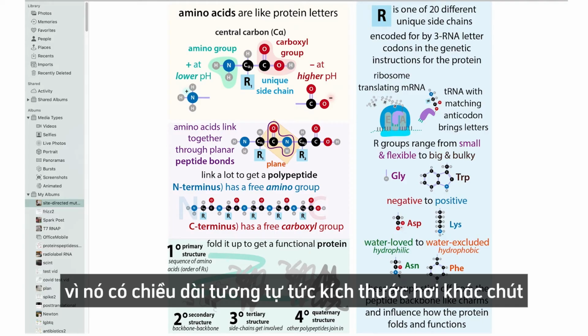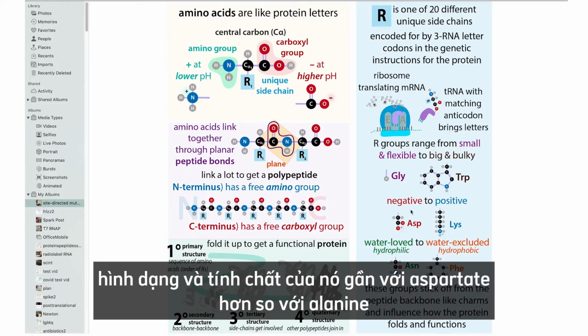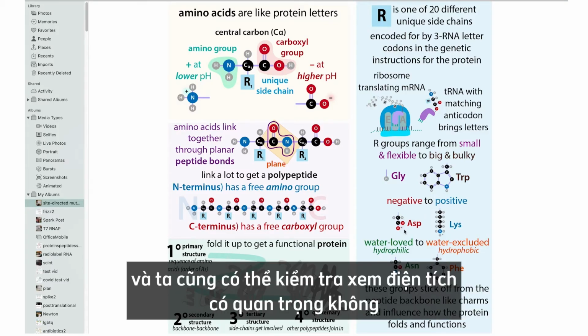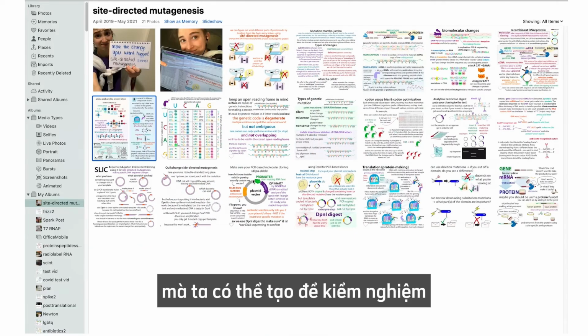It's a slightly different size, but it has this nitrogen here. It's not charged, but it's closer in appearance and properties to the aspartate than the alanine would be. And maybe we also want to see if the charge is important, so we can change it to something positive. So these are the sort of point mutations that we can make to test different ideas.